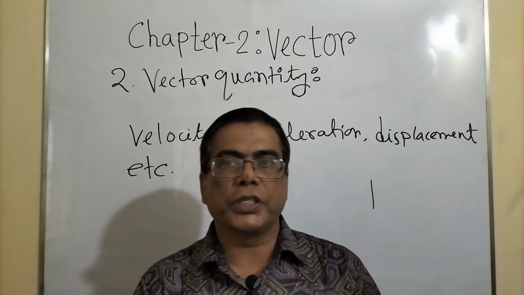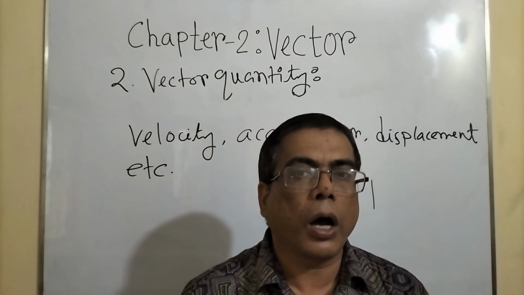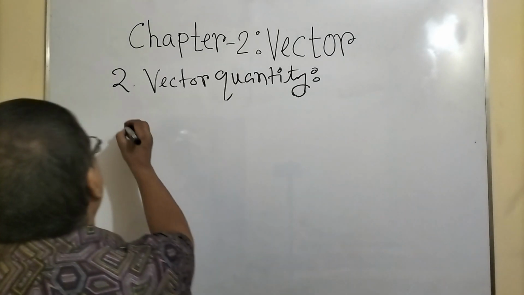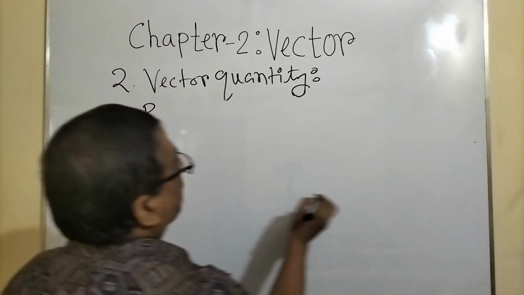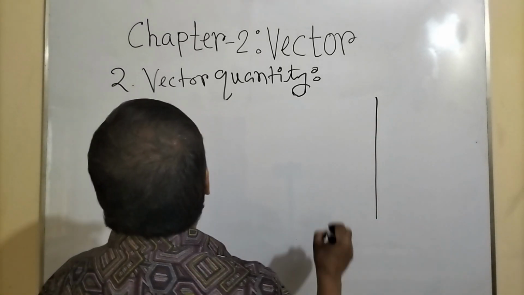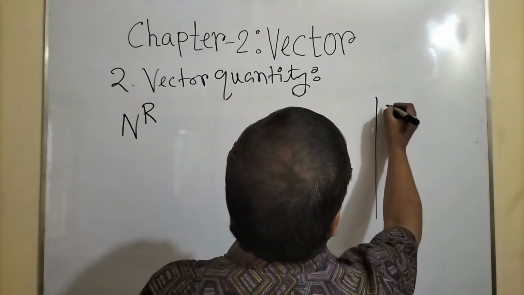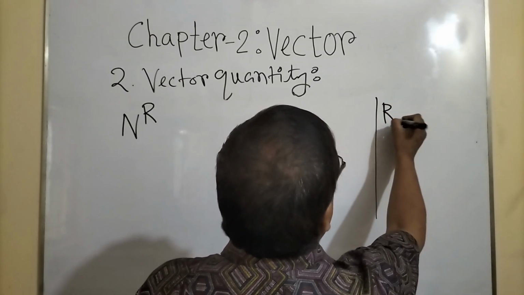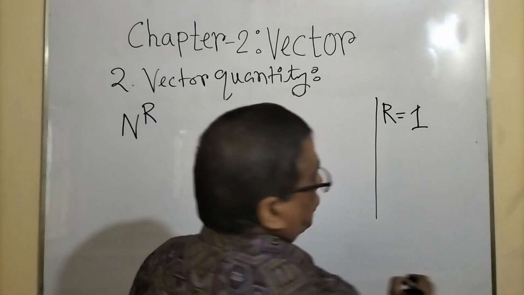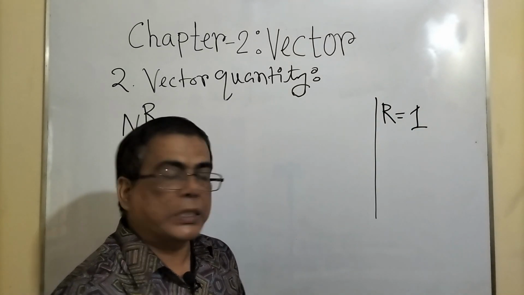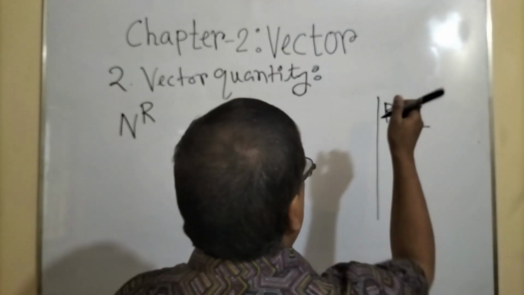We can calculate this by the formula n to the power r. Now we see n to the power r. Here for vector quantity r equal to 1. That is, the number of direction of vector quantity is 1.